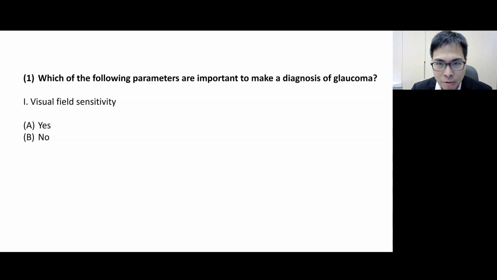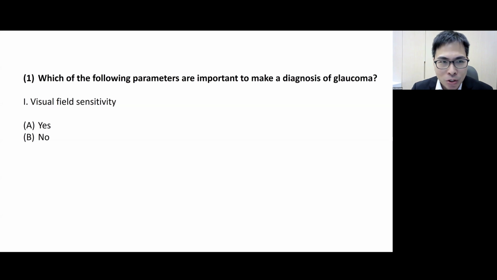Which of the following parameters are important to make a diagnosis of glaucoma? The first is visual field sensitivity. Is it important to have visual field sensitivity to make a diagnosis of glaucoma? Yes or no? All right, so we have overwhelmingly 92% of individuals believe visual field sensitivity is important.